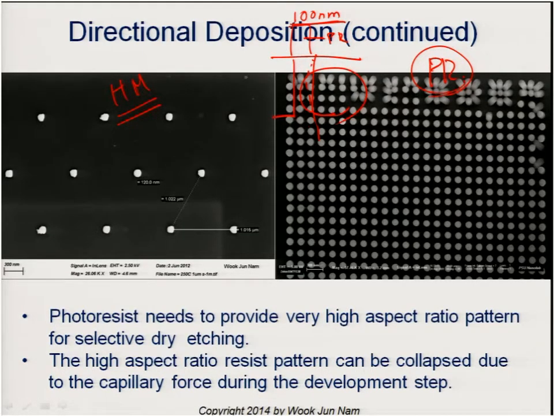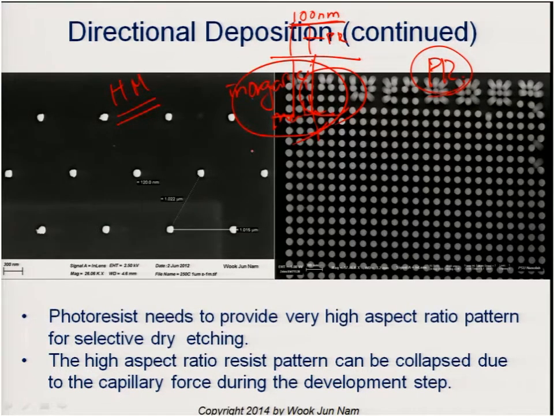If this is an inorganic material, 1-to-1 etch selectivity between inorganic materials and photoresist is the best you can get.